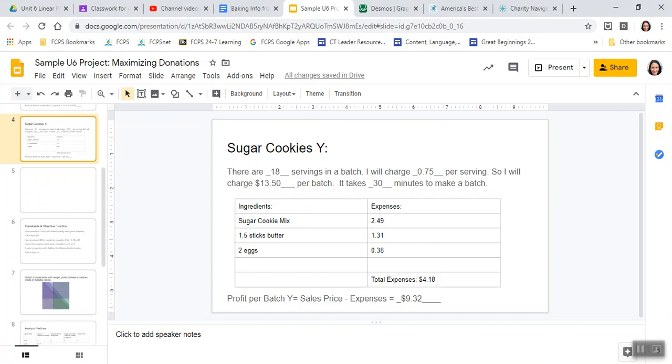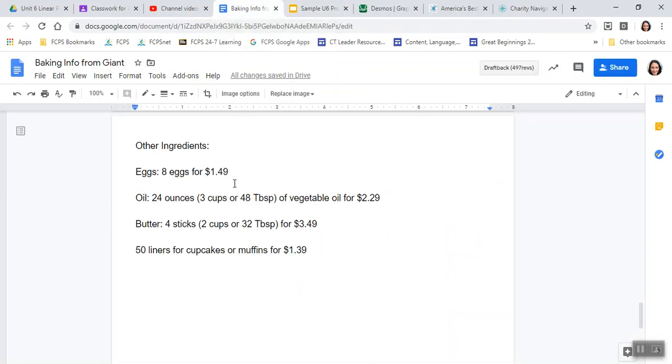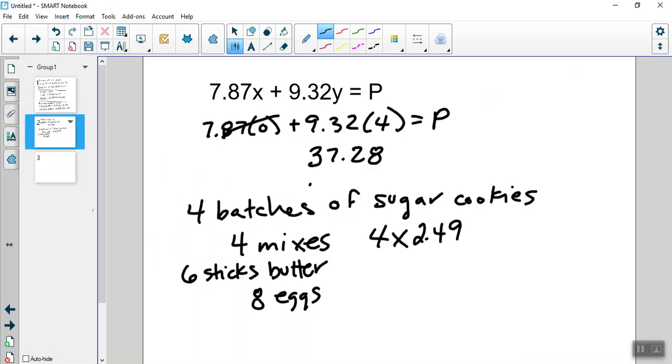It's the baking info that I wanted to look at. So the baking info would tell me how much it costs for 4 sticks of butter. And I can't actually buy 4 sticks of butter. So I need to, here it is. I can buy 4 sticks of butter for $3.49. And I need 6 sticks of butter, so I need to buy 2 packages of butter.